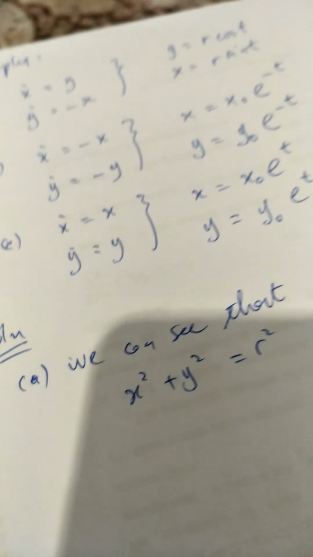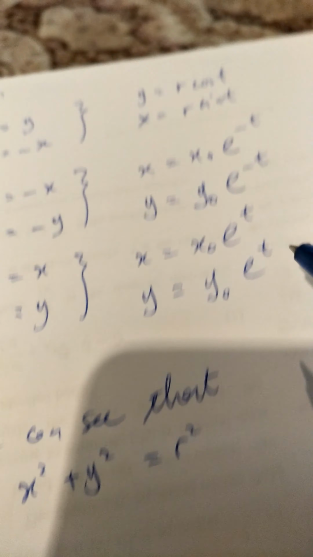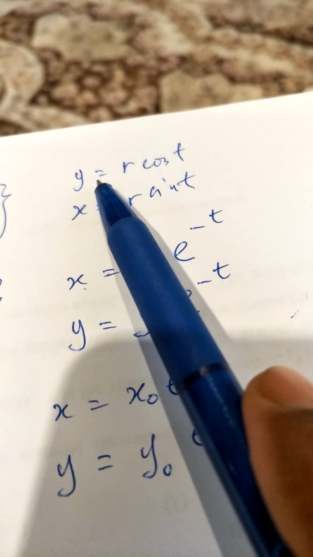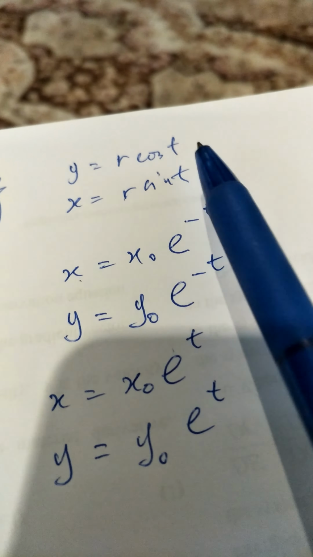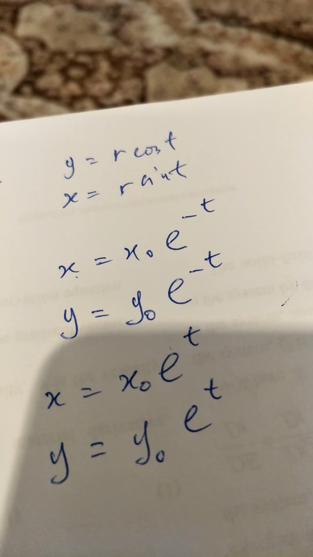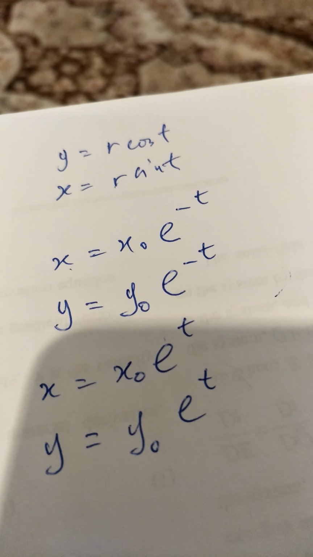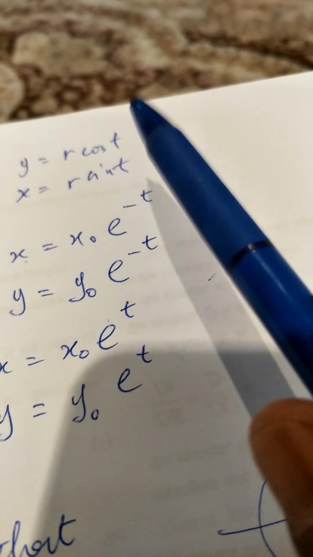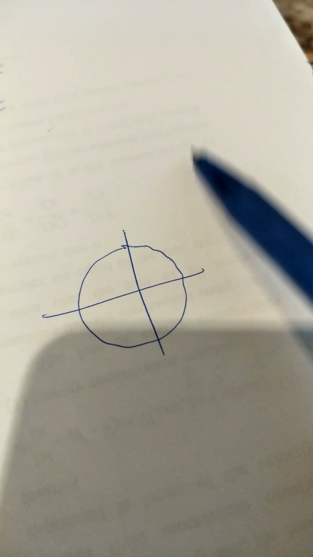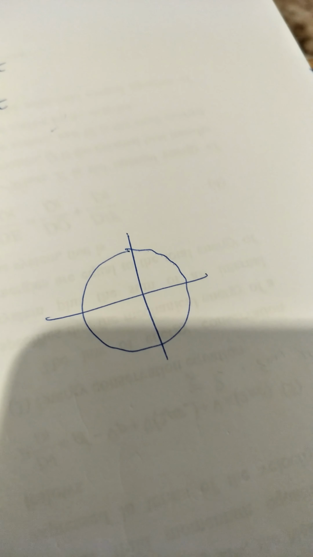Now in this case, x equals r cos t, so whenever you move t, it still gives you a defined solution and remains inside the delta neighborhood. So you can see here it won't go out, it just stays in that circle.